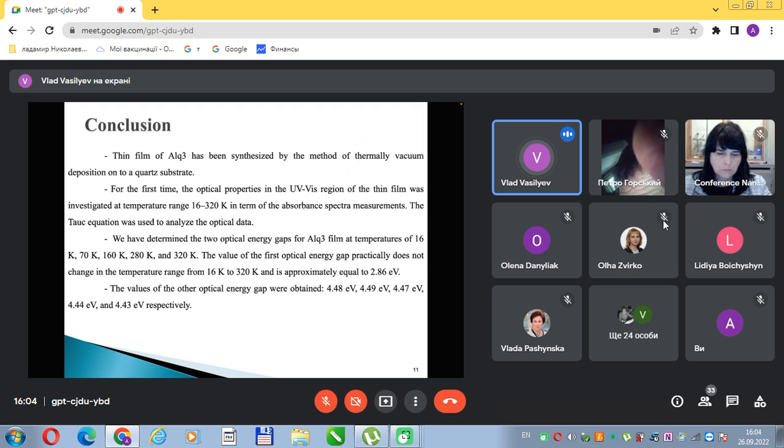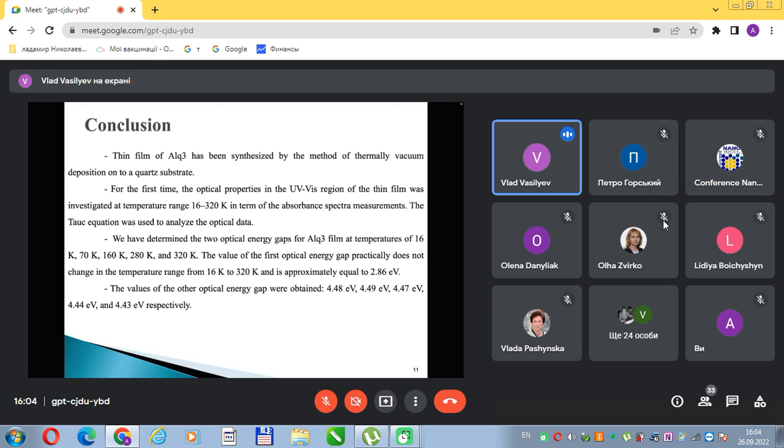For the first time, the optical properties in the ultraviolet region of the thin films were investigated in the temperature range from 16 to 320 Kelvin by absorbance spectra measurements. The Tauc equation was used to analyze the optical data.